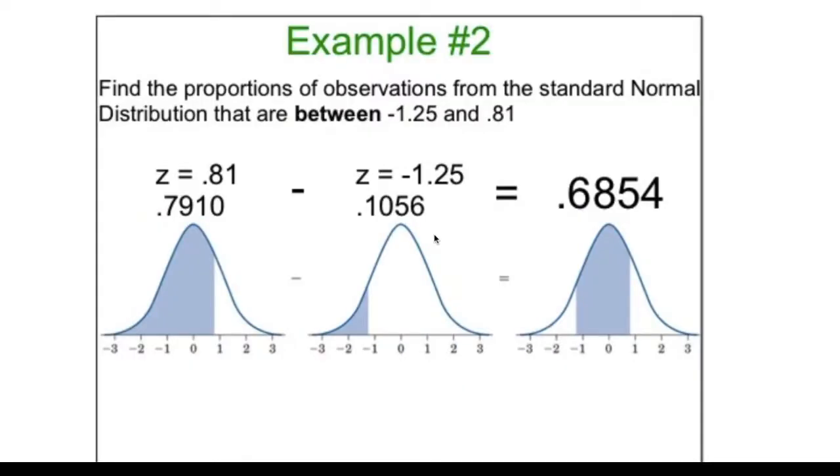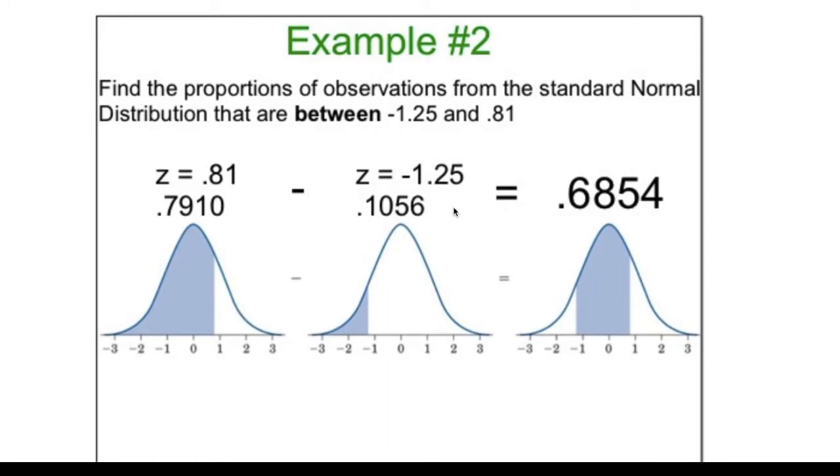So if we continue with different types of examples in this standard normal distribution, we had talked about if they give you a z-score that is less than, if they are asking you to find the percentage of when the z-score is greater than. Now let's look at in between. And just for simplicity, I'll use the last two examples that we talked about, where we found in the first one what the percentile would be for somebody that was a z-score less than 0.81, or then for somebody greater than.